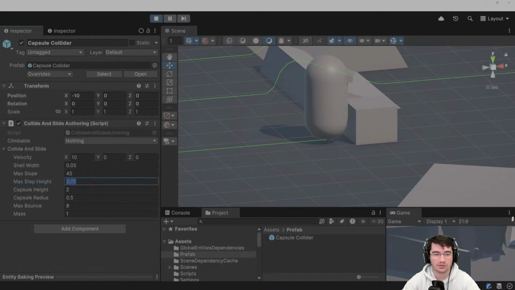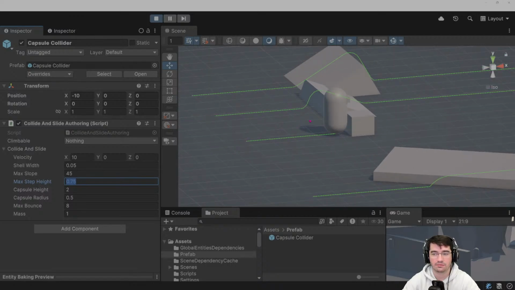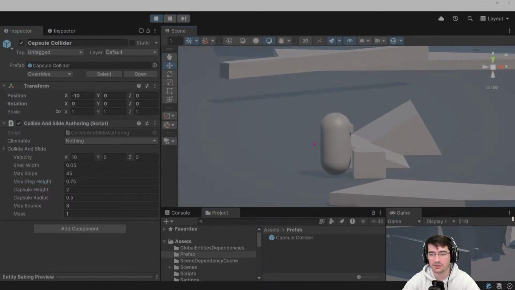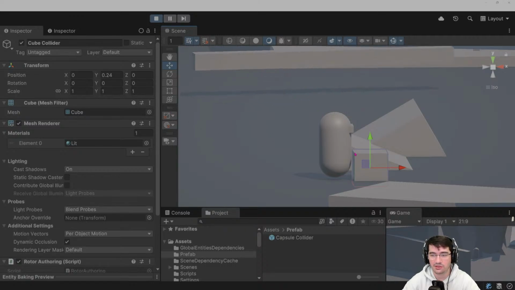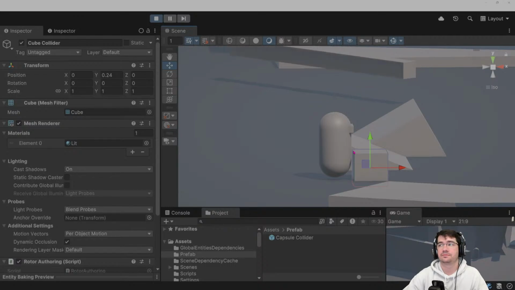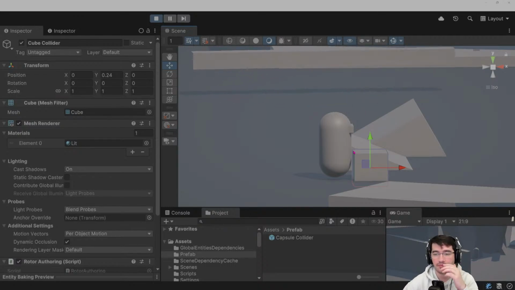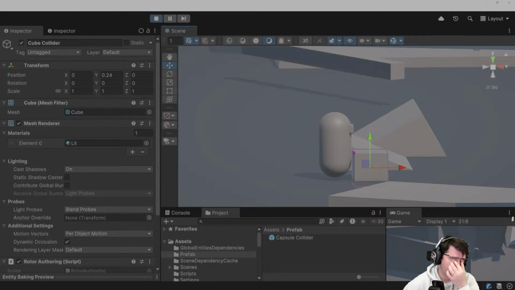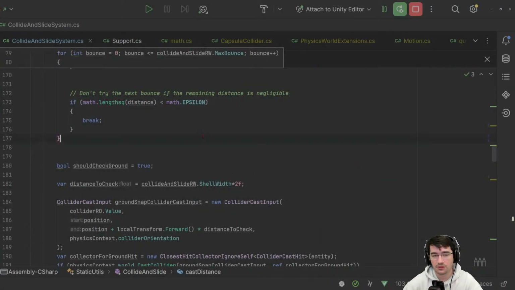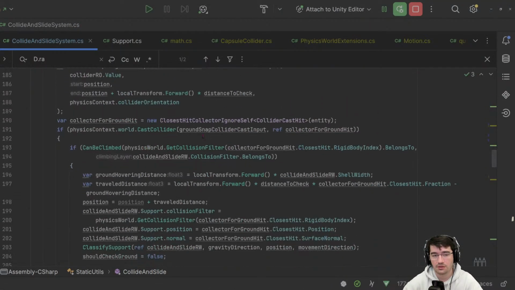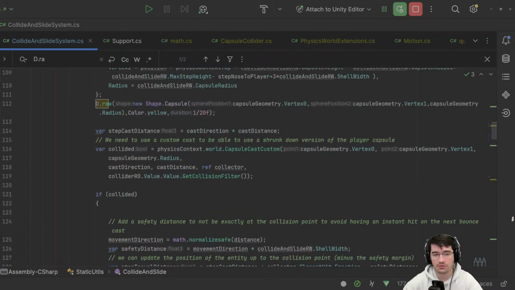Because maximum height is 7.5, and this one should be sitting at 7.4. Let's add some debugs again in the step logic.